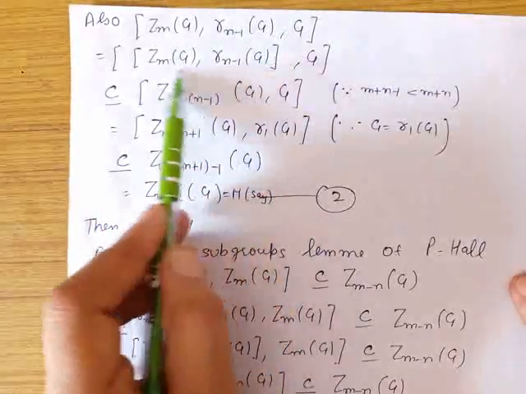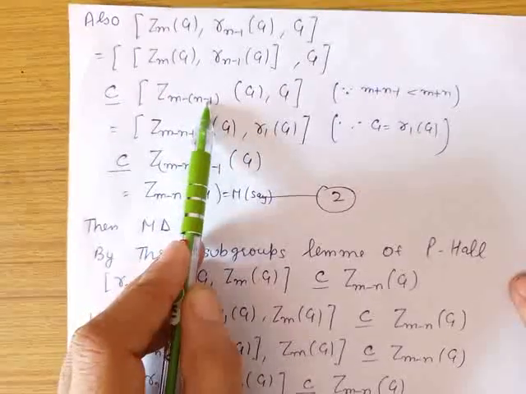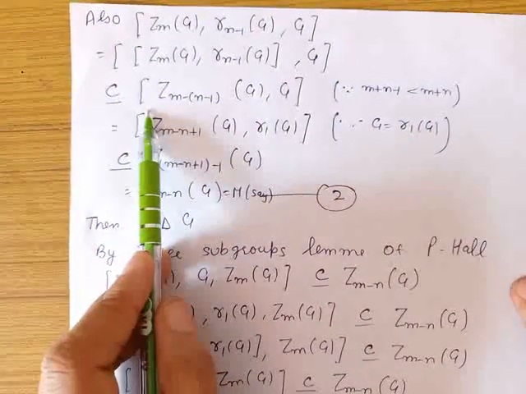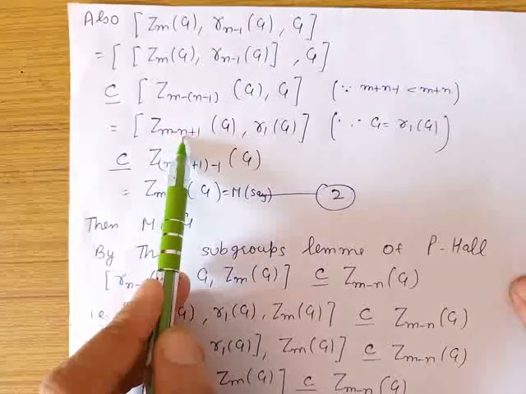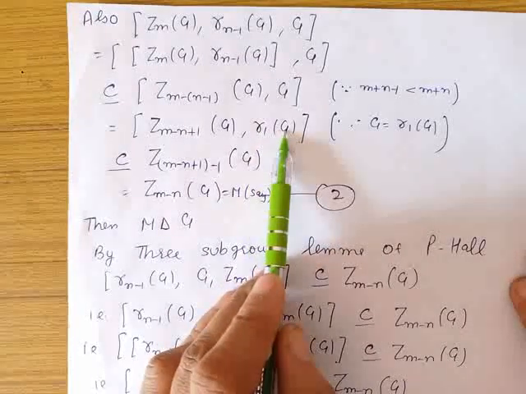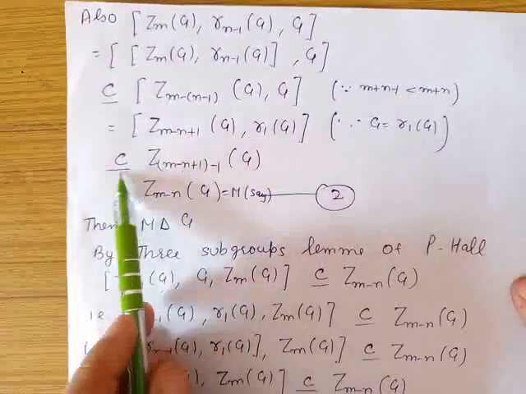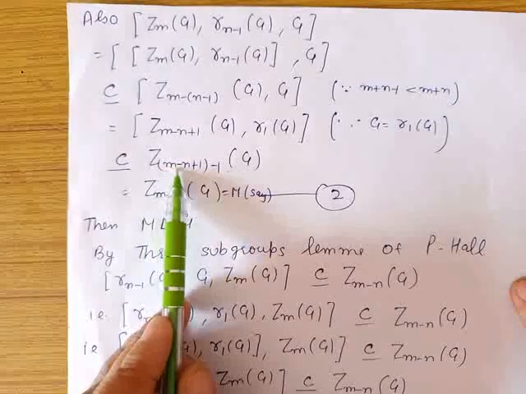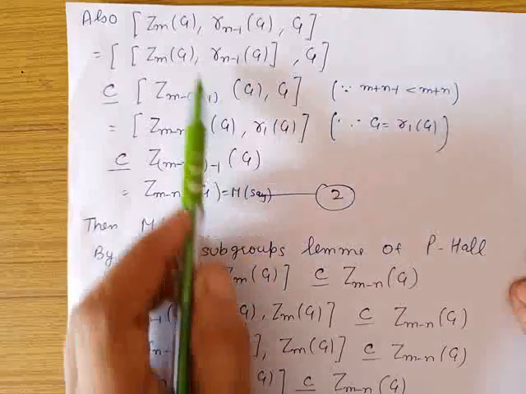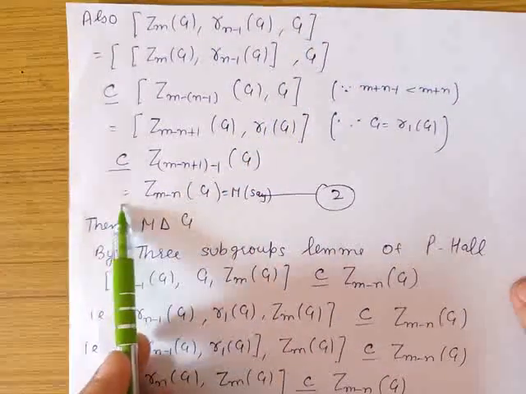So this commutator is contained in Z m minus n minus 1 G. So this whole expression is contained in the commutator of Z m minus n plus 1 G with gamma 1G, because gamma 1G is same as G. Now, this commutator is further contained in Z m minus n plus 1 minus 1 G.